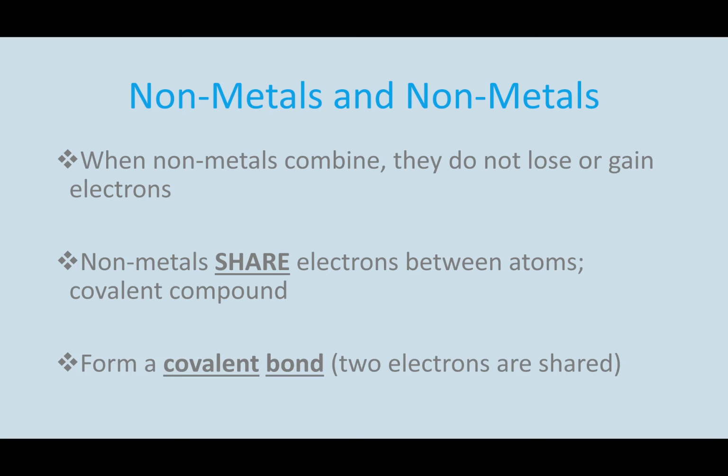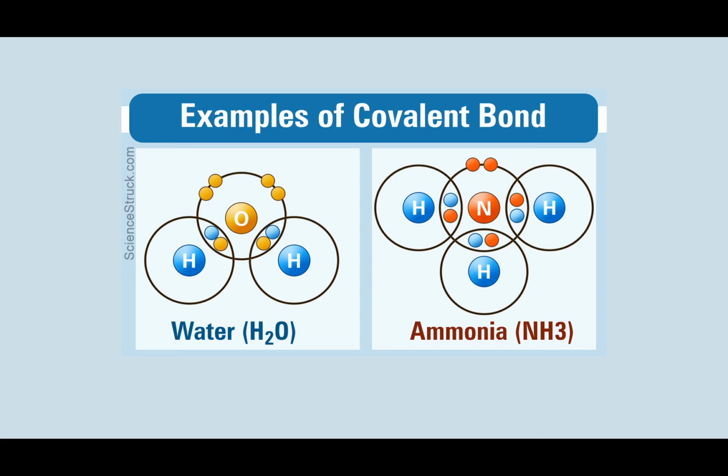And again, this sharing of electrons is a covalent bond. So basically, two electrons are shared in one bond between two atoms. This is an example of what we mean by sharing of electrons.